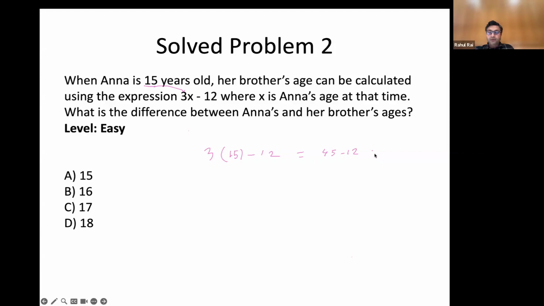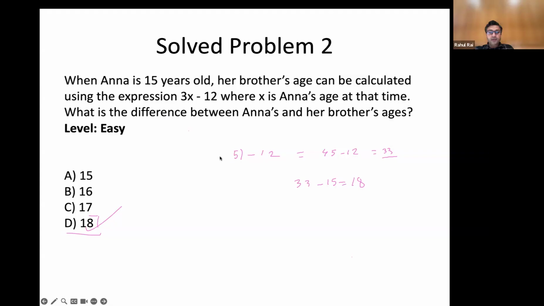Makes sense? And that is going to be equal to 33, right? Now it's asking for the difference between Anna's age and her brother's age. So her brother's age is 33 and Anna's age is 15. So 33 minus 15, that is going to be equal to 18. So this one is the right choice for this example problem.